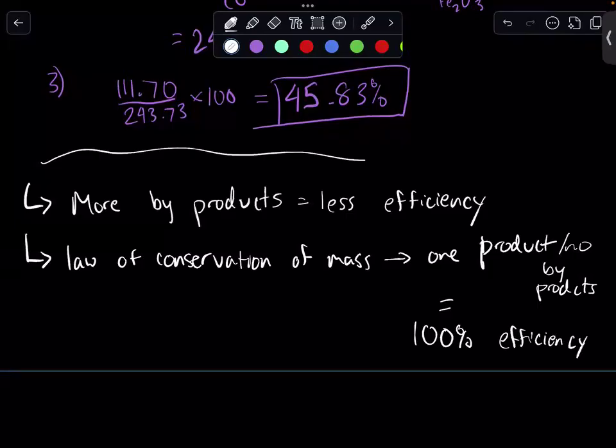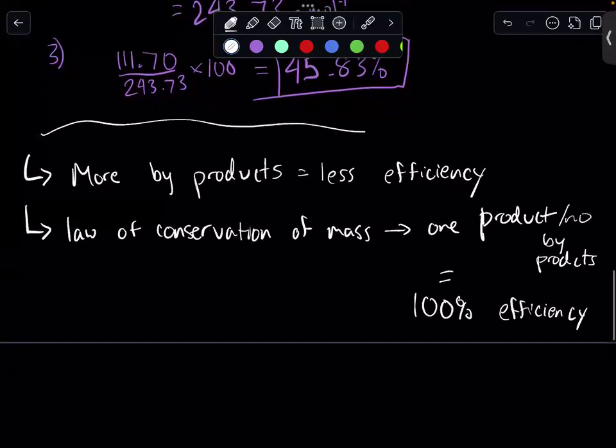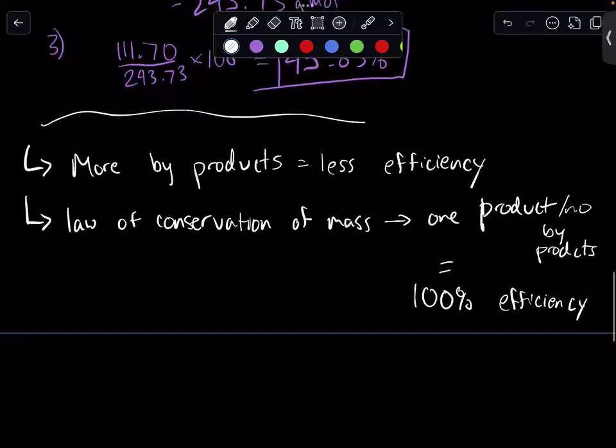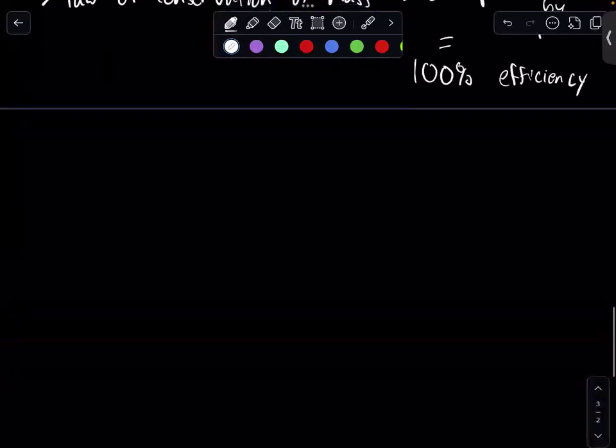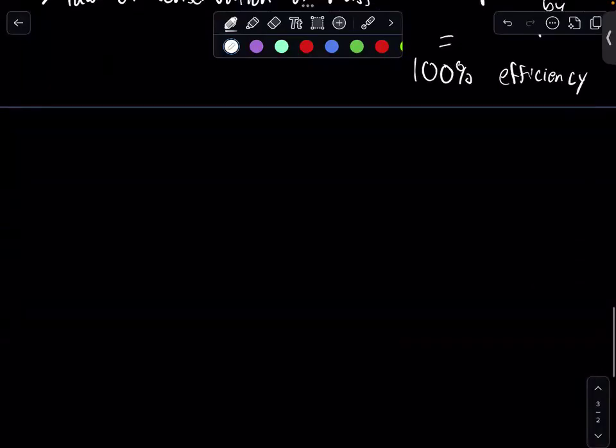So if your reaction is only making the thing that you want, that's perfect. That is a reaction you want to use, no byproducts. That's fantastic. So we're going to end this with a little bit more practice because practice is how you're going to get better.